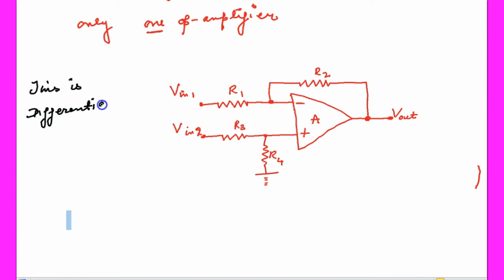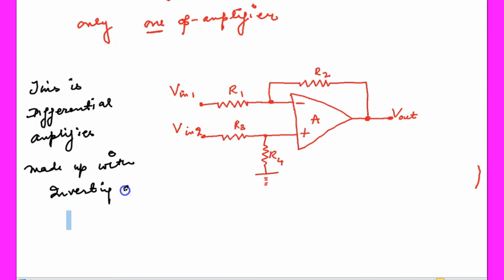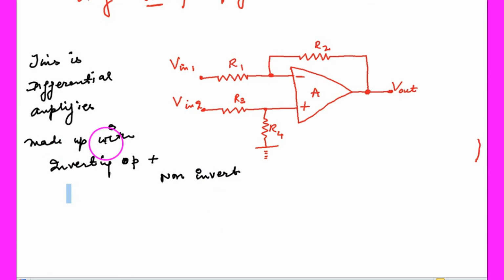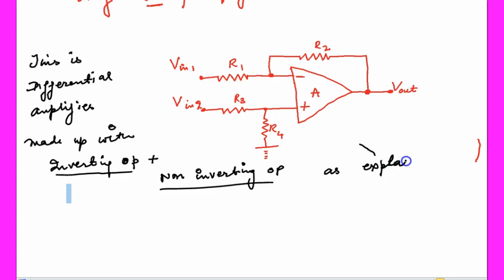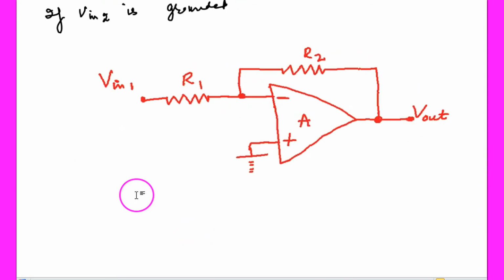This amplifier is basically a differential amplifier made up of an inverting op amp and a non-inverting op amp. So the differential amplifier is the sum of inverting and non-inverting operational amplifiers. Now we are going to explain how it is made up of inverting and non-inverting op amps.